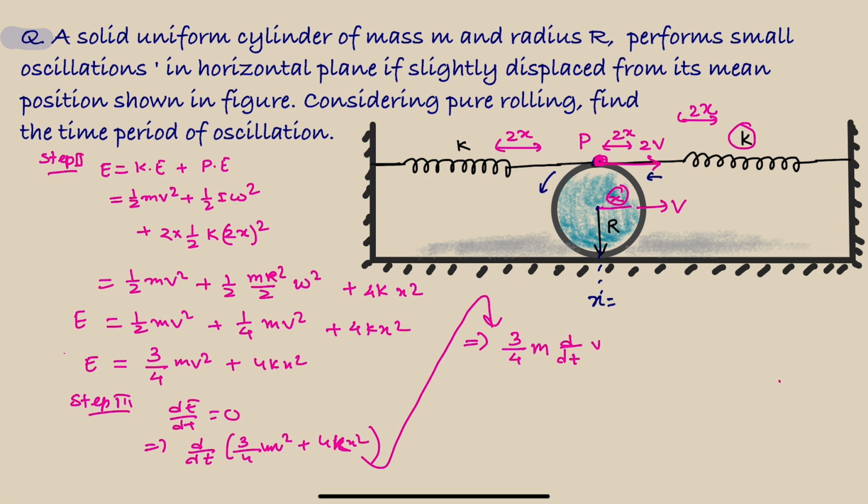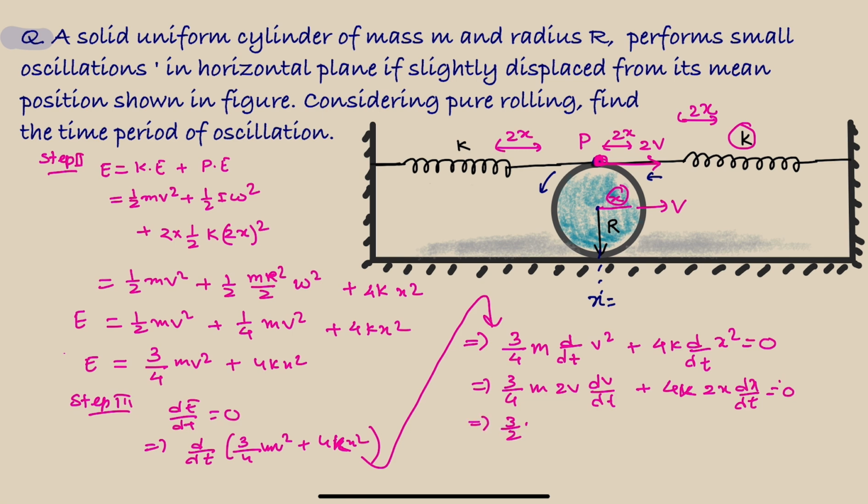Kindly spare me if you fail to comprehend any word. So this is 3 by 4 m 2v dv/dt plus 4k 2x dx/dt equal to 0.